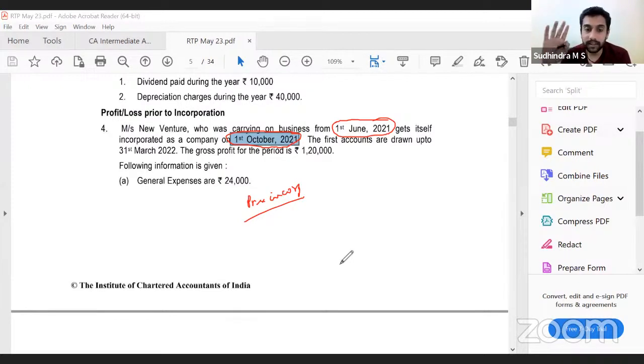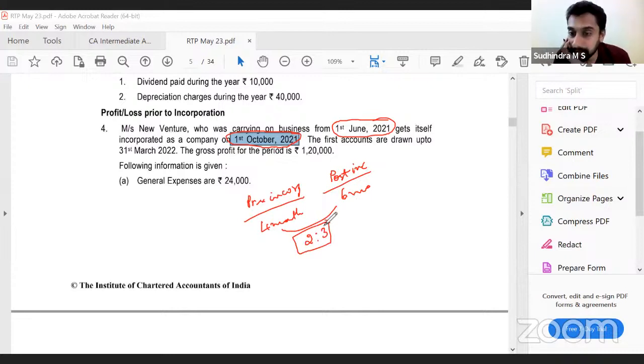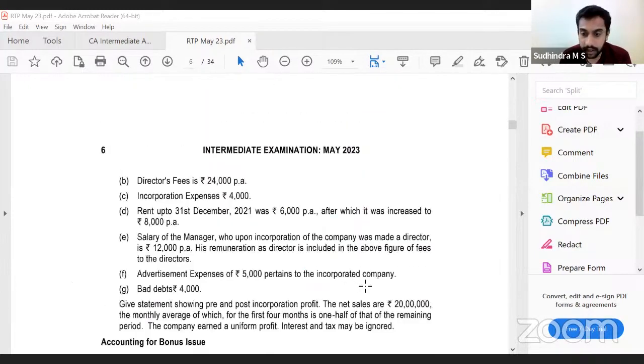Post-incorporation is 6 months, from October till March. So it has to be 4:6, which is 2:3. Yes, 2:3 time ratio. I'll come down to the last part of the question to calculate the sales ratio.